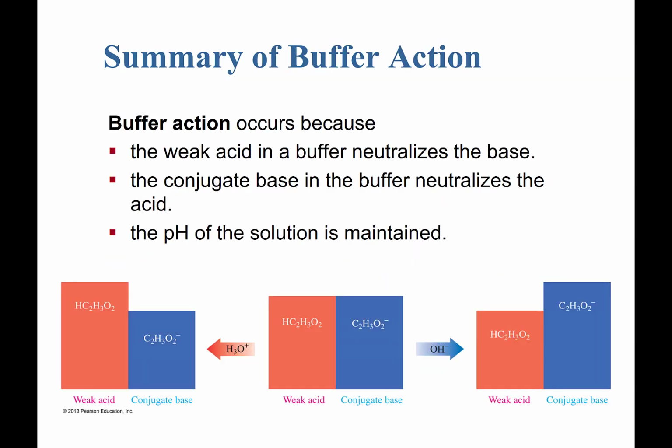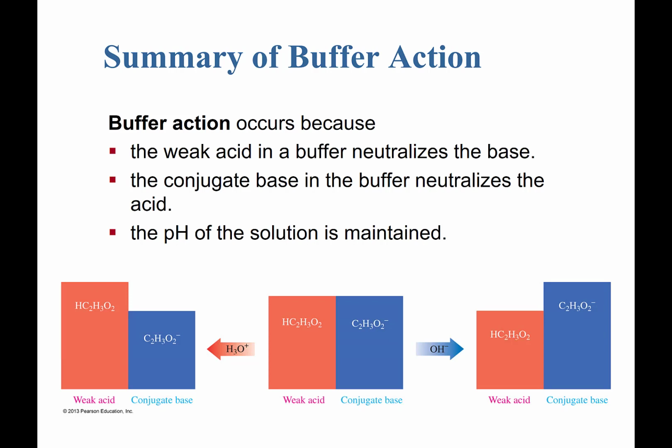Okay, so we already said that if we have both pieces in our buffer, which we do, then we have a weak acid in the buffer that's going to neutralize the base, and then we have that conjugate base part that would neutralize any acid that you added. Therefore, the pH of the solution stays the same. So I want to just re-clarify that.